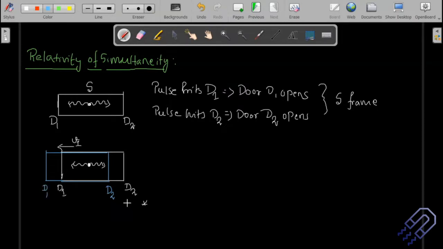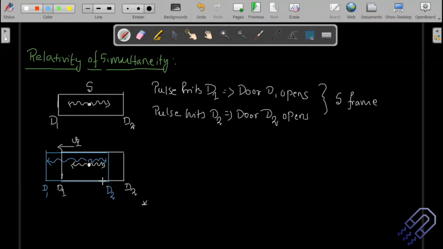What you observe is that the pulse has to travel a shorter distance to hit D2, but a longer distance to hit D1. For D2 it will just travel this much distance, and for D1 it's going to travel this much distance. That means it's going to hit D2 before it hits D1.